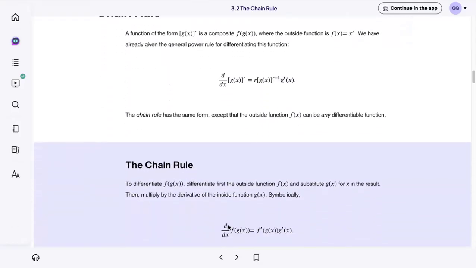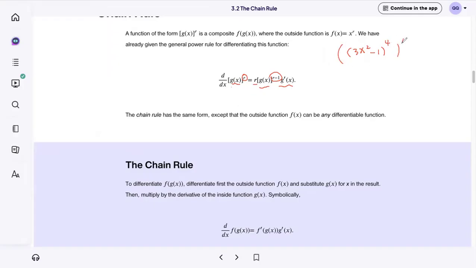Okay, chain rule. Chain rule is saying if we have a function raised to r, we pull this r down to the front. Then we keep the g of x, and we subtract 1 from the exponent, from the r. Then we multiply by the derivative of g, the inside. Let's say I have 3x squared minus 1, raised to 4.